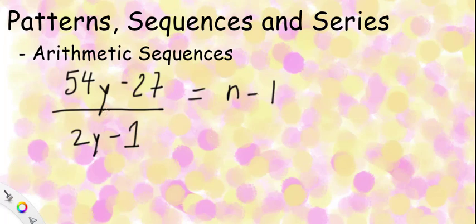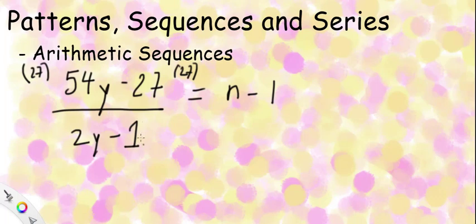Okay, the methodology that we discussed last time, let's look at that. Isolate all the like terms. So negative 1, negative 27, that gives us 27. 54 divided by 2y, that gives us 27 as well.